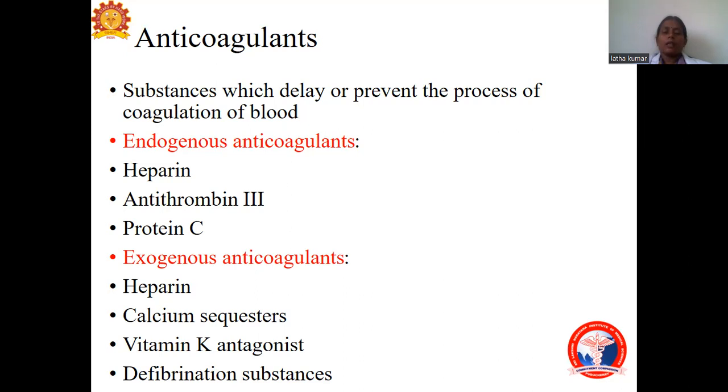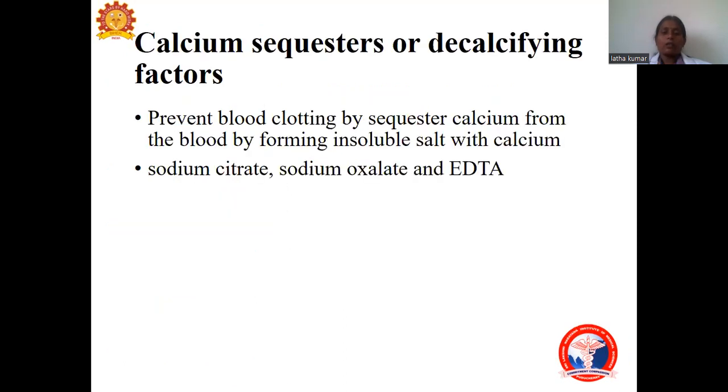And next one is protein C. It converts the plasminogen into plasmin, and the plasmin acts on the fibrin and converts that into fibrin degradation product. Exogenous anticoagulants prevent blood clotting by sequestering the calcium.